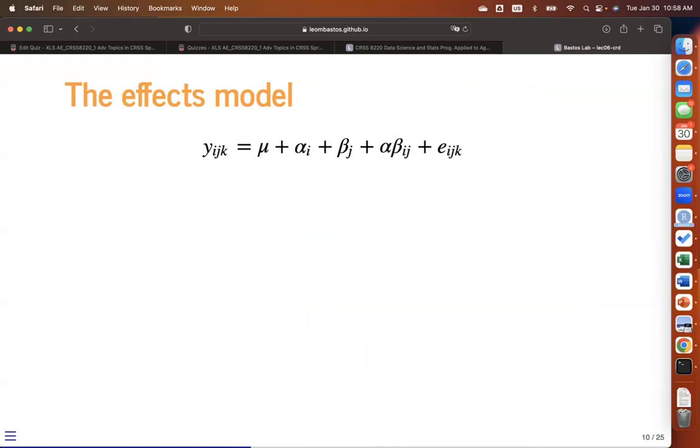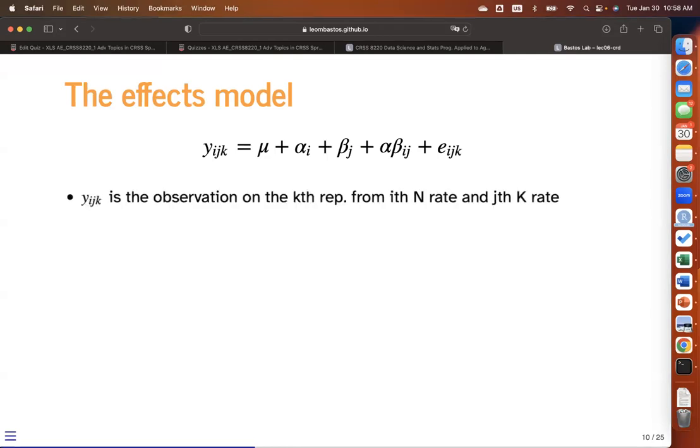Okay, let's talk about the effects model. We're not going to spend too much time on statistical notation like this, just when really needed. And this case is really needed because it directly connects to your ANOVA table, which directly connects to your model when you specify it. So let's just go through it.